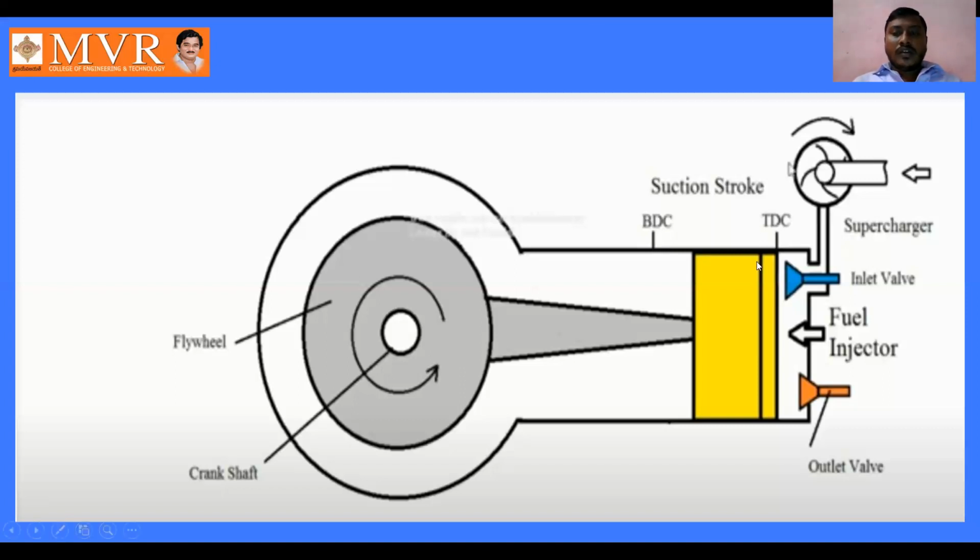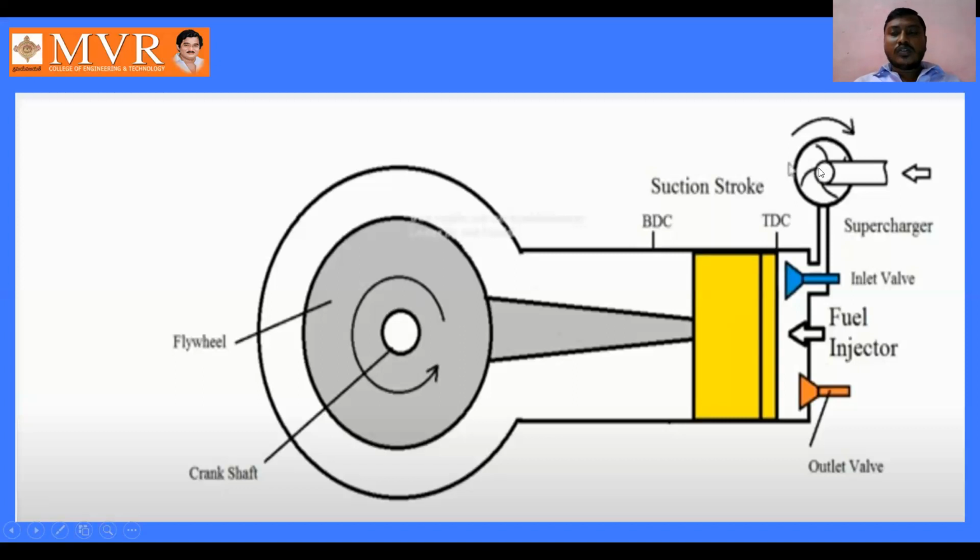When the inlet valve opens, the piston moves from top dead center to the bottom dead center, whereas the air from the inlet enters into the engine cylinder. When the air enters the engine cylinder, the supercharger also forces the air into the engine cylinder.